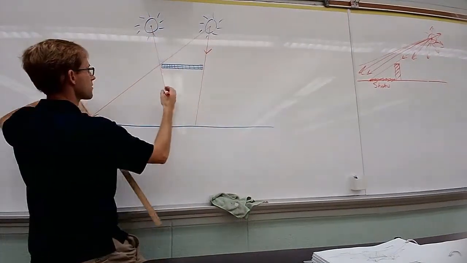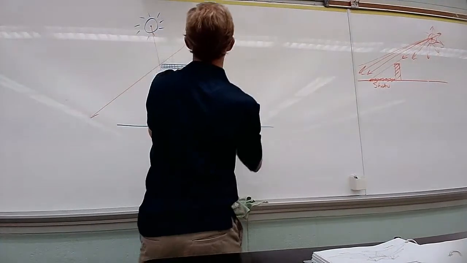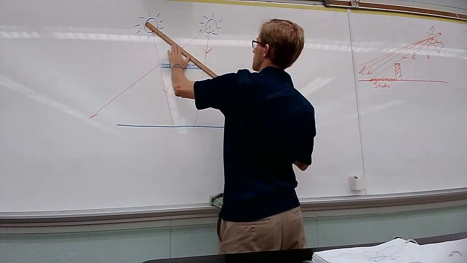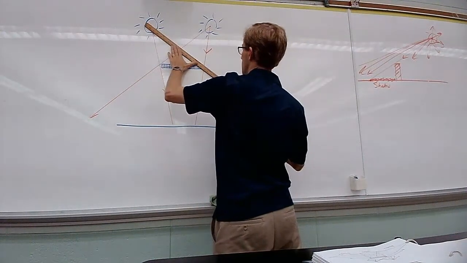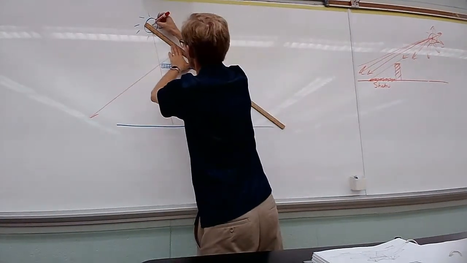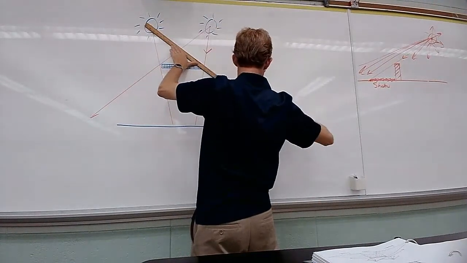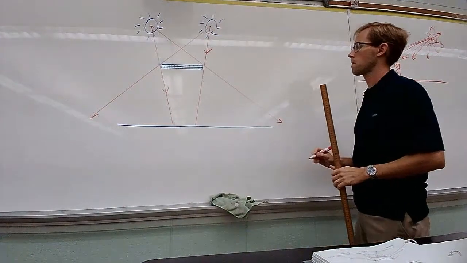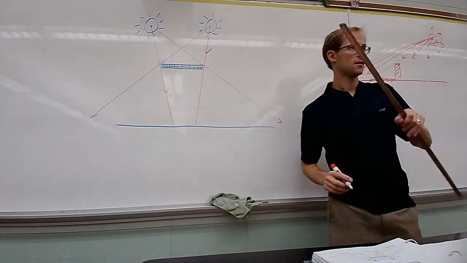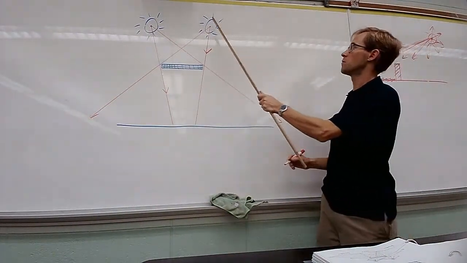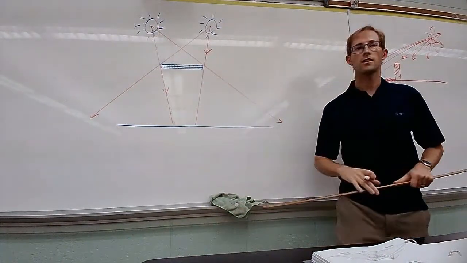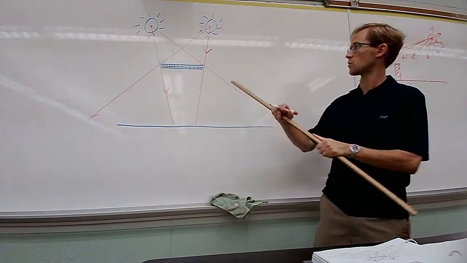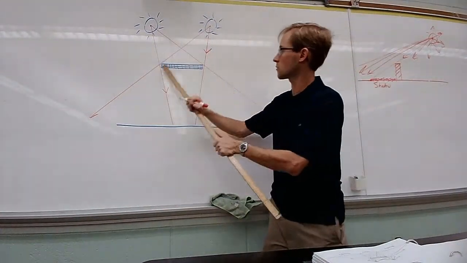It just barely grazes that spot. There. So again, all we've done is just started from the middle of each light source and drawn two light rays. One that just barely goes by one edge, one that just barely goes by the other edge.